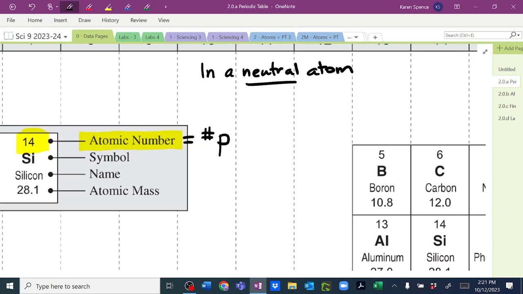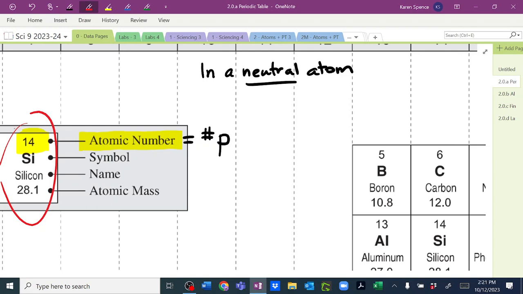You'll be like, oh, it's 18 because it's got an atomic number of 18. How many protons are in silicon, the one that's given to us right here? How many protons? 14.